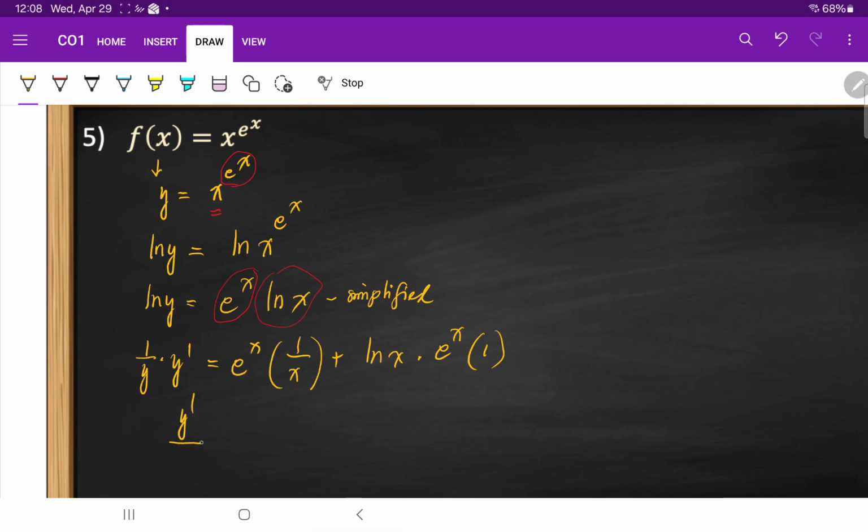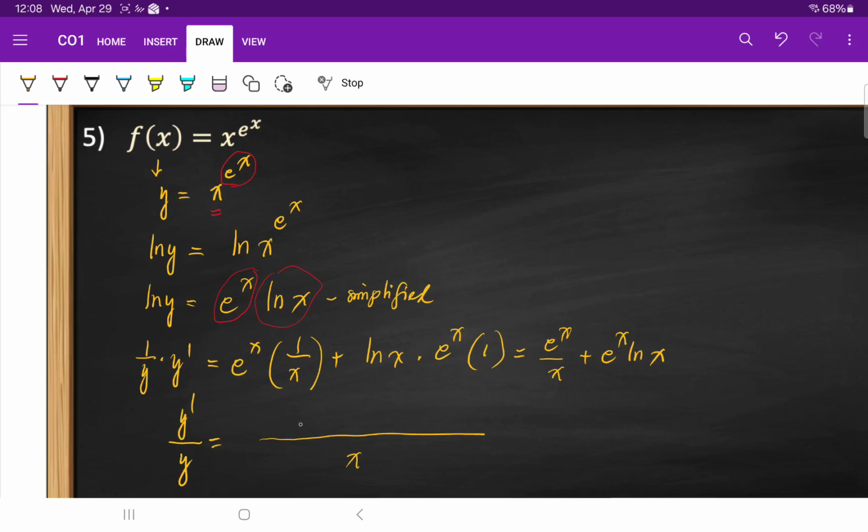And then we simplify. So this is equal to, we can get the least common. So what's the least common here? x. Because this becomes e to the x over x plus e to the x ln of x. So we get the LCD.